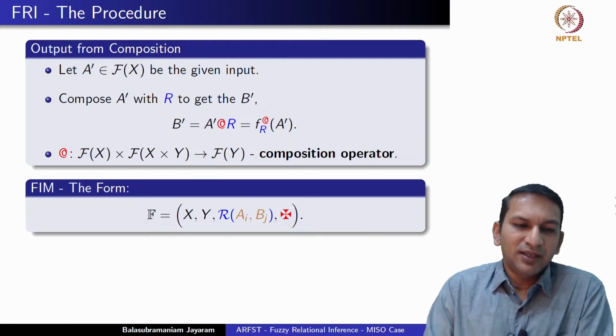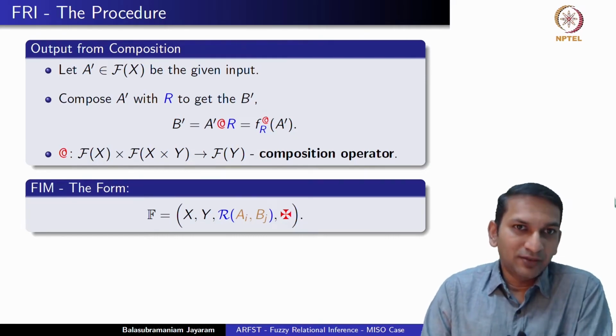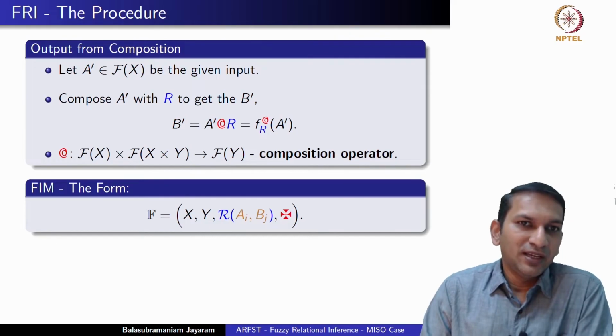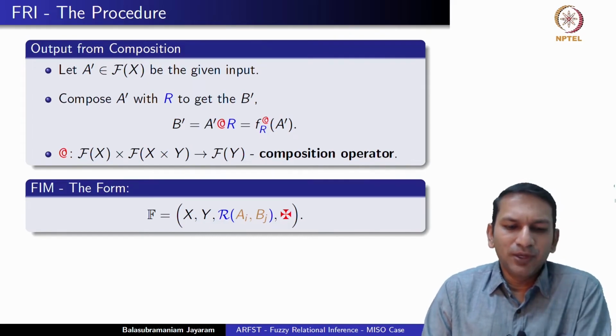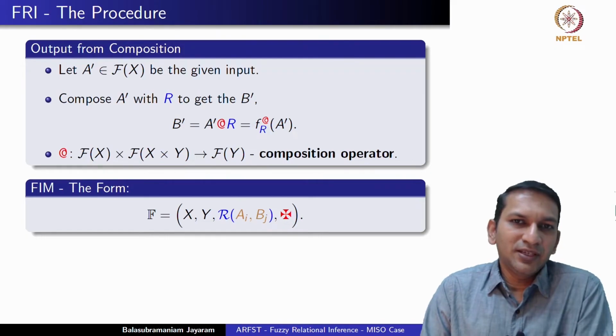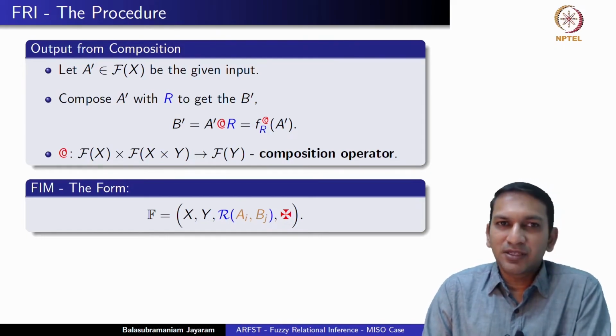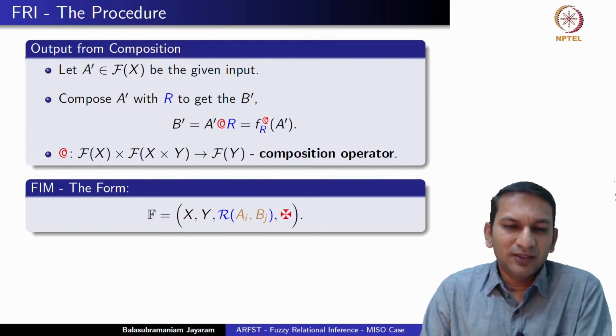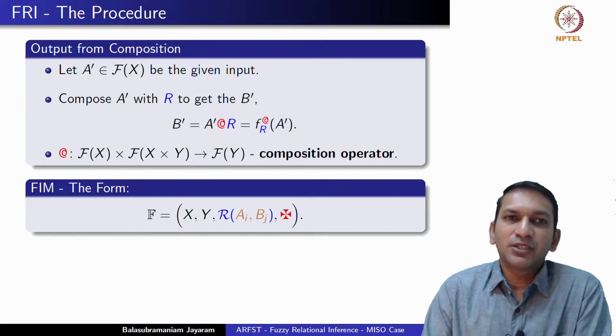From what we have seen so far, a fuzzy inference mechanism can be looked at as a quadruple, wherein X and Y are the input and output domains, R of A, B, J represents the rule base, and the final operation, the symbol, shows that there is some inference being applied.